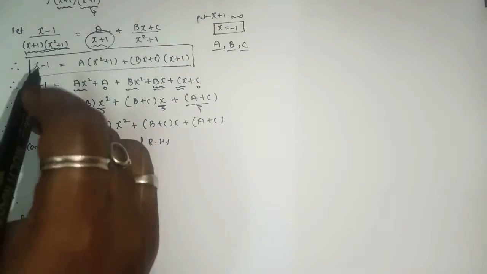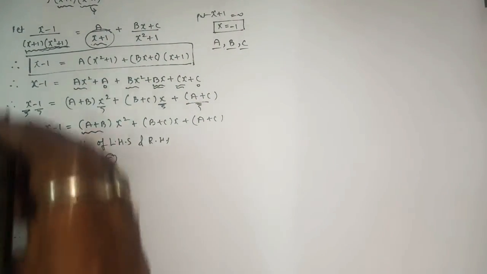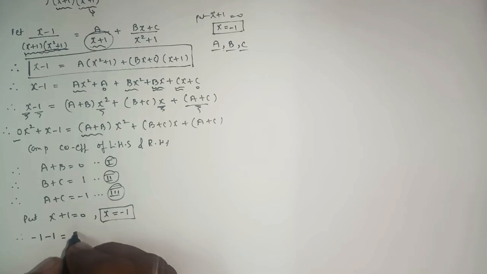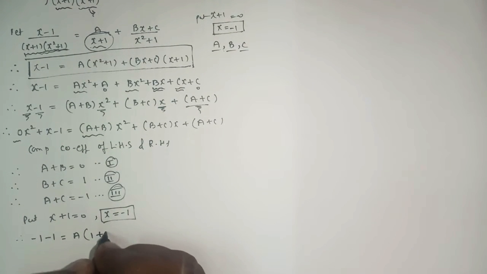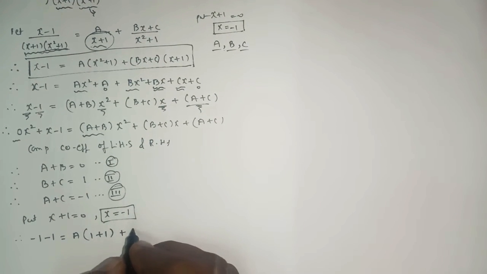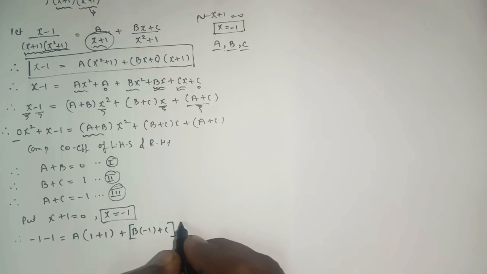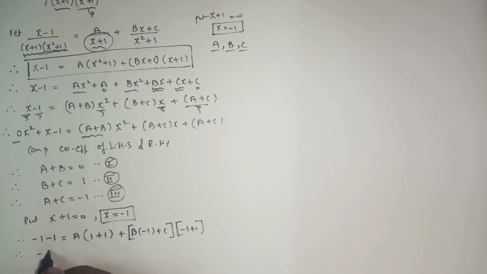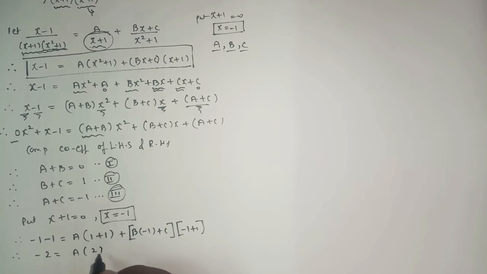Simply replace x wherever you see x by -1, so here you will get -1 equals to a. Here -1 square will be 1. Yes or no? So here this will be -1 plus c. Here -1 plus 1. So this will be -2 equal to a. 1 plus 1 is 2.